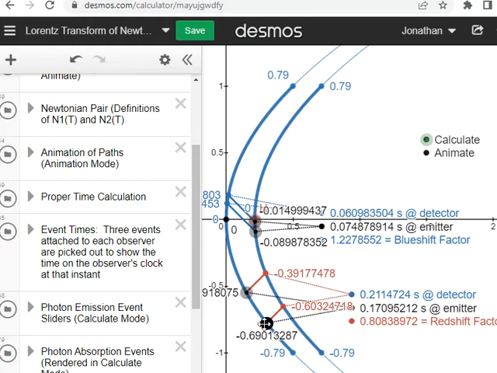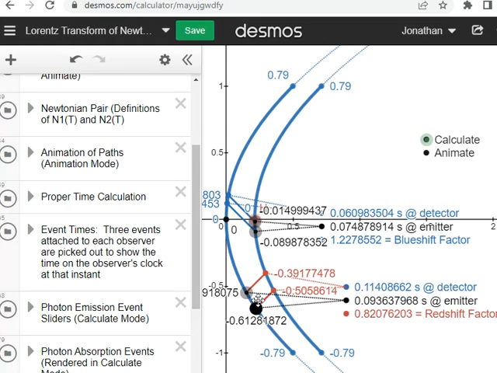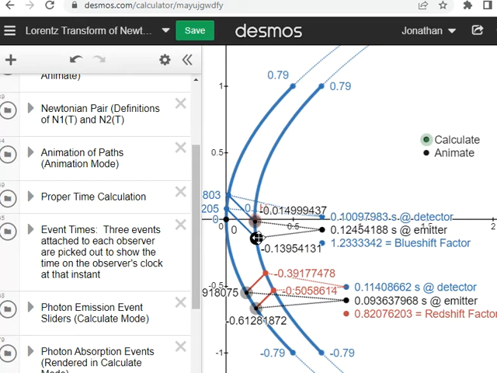And you can find out that when it goes from the bottom to the top, you get a smaller amount or a larger amount of time at the detector than you'd get at the emitter, which means you get a redshift going from the bottom to the top. When you go from the top to the bottom, you get a larger amount at the emitter than you did at the detector, which means you get a blue shift when you go from the top to the bottom.